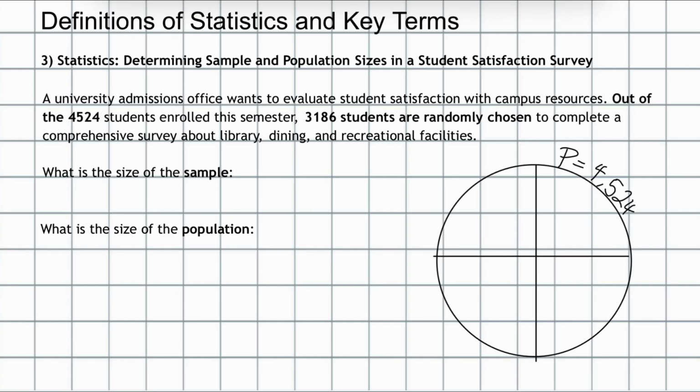If we divide 4,524 by 4, each portion is going to be 1,131.